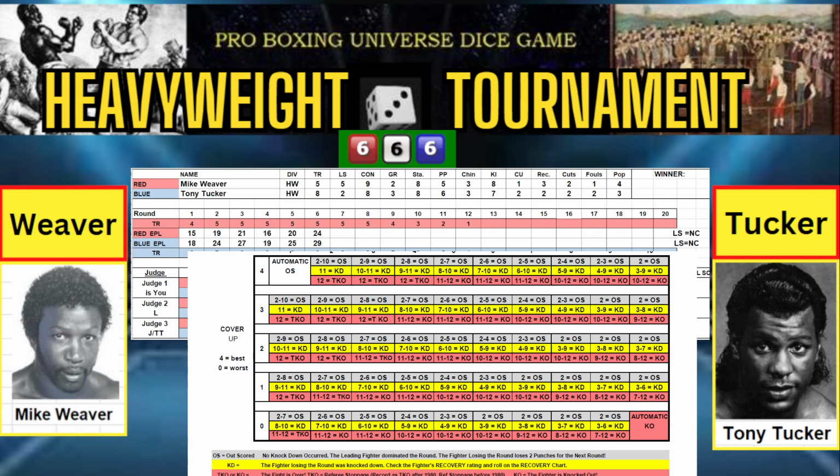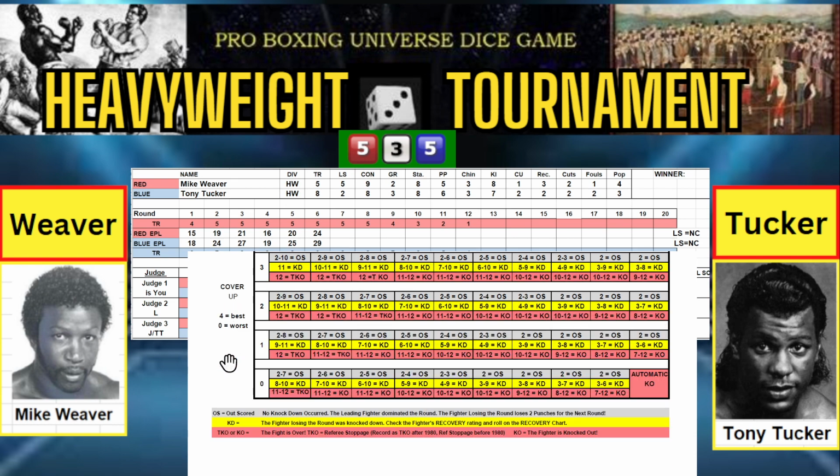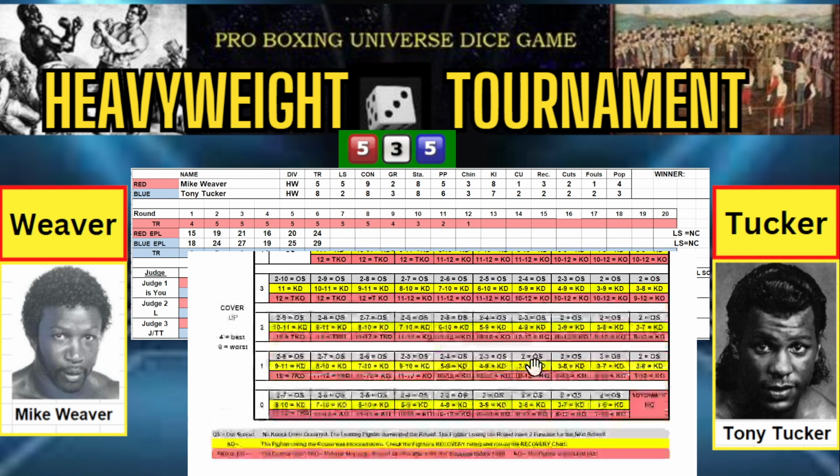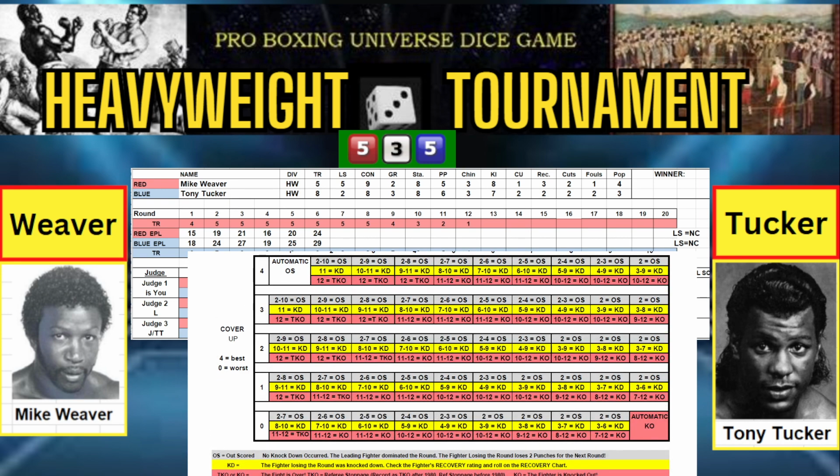And we know that's a 1 and a 7. 1 and a 7. Let's roll on it again. This time it rolls an 8. And it's going to be a knockdown. And it states the fighter losing the round was knocked down. Check the fighter's recovery rate and roll on the recovery chart. Okay, so we got to go to the recovery chart.